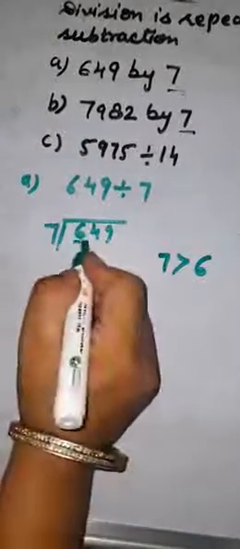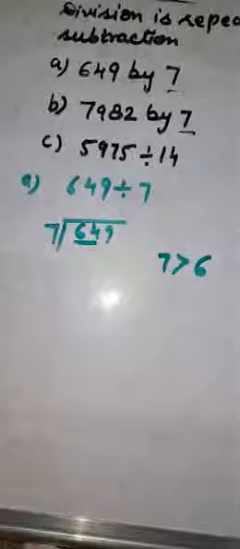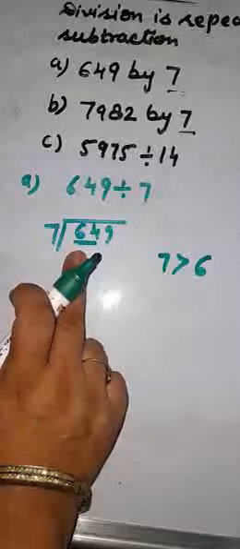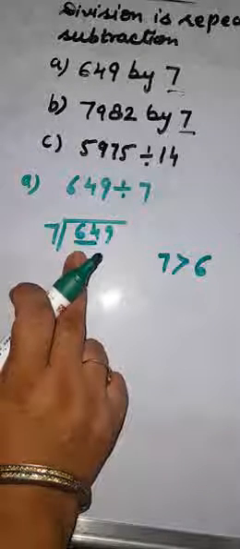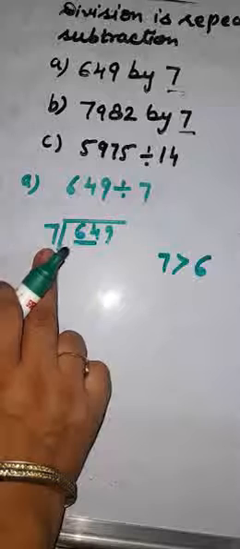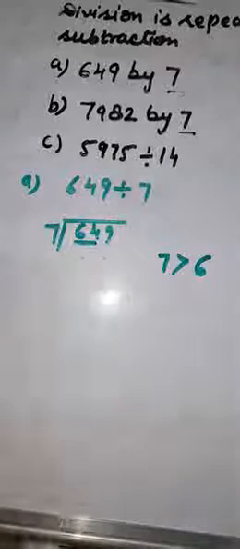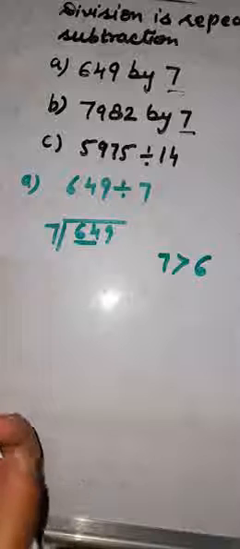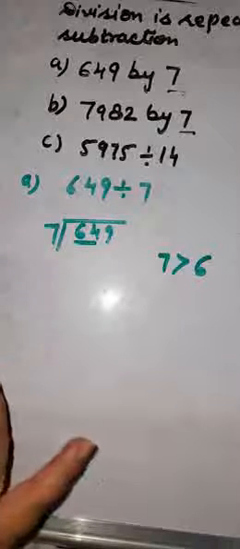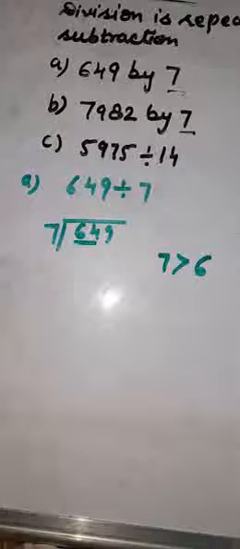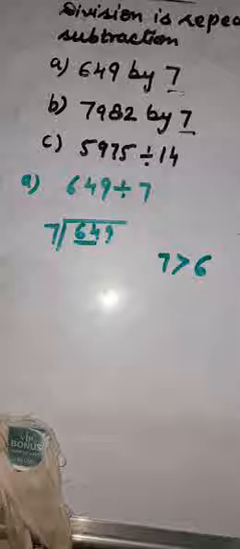Now we will take both digits. Now just read it. It's 64. 64 is greater than 7. Now we can easily divide it. Now what you need to do, you just recite the table of 7. 7 ones are 7, 7 twos are 14.